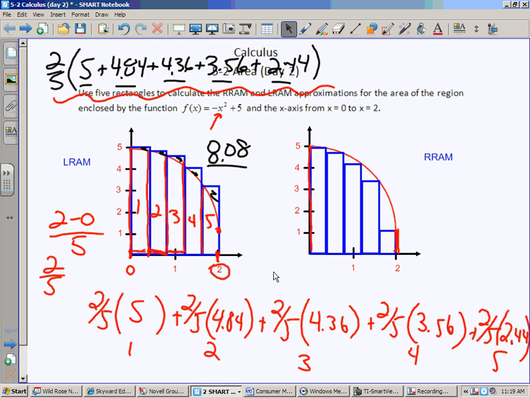First answer is just 8.08. Units squared, if you want to look at it that way.